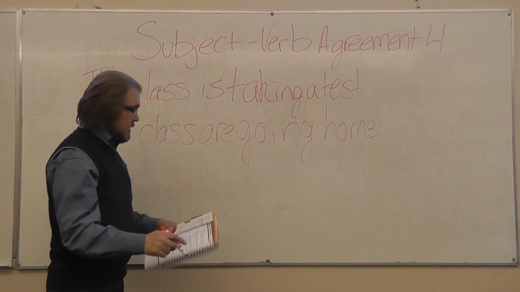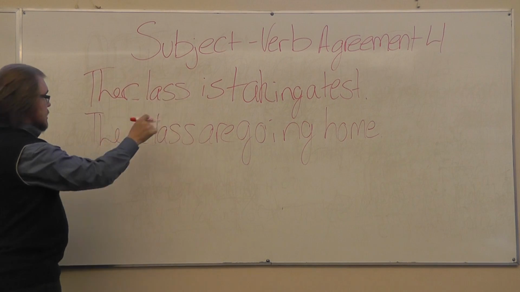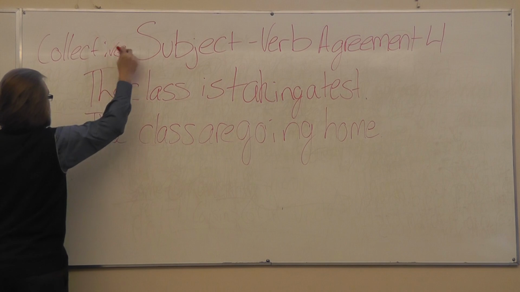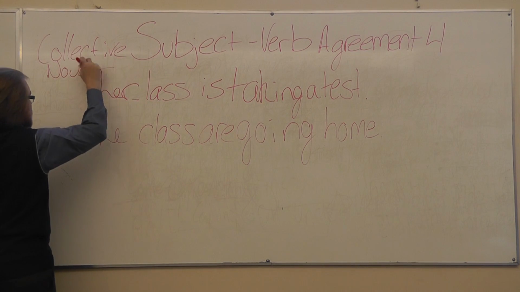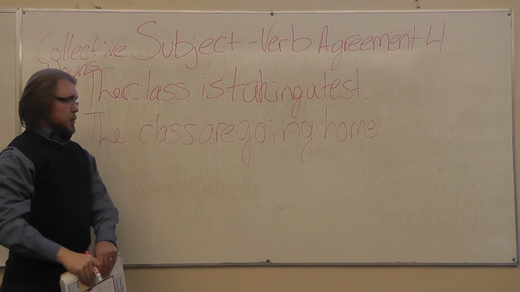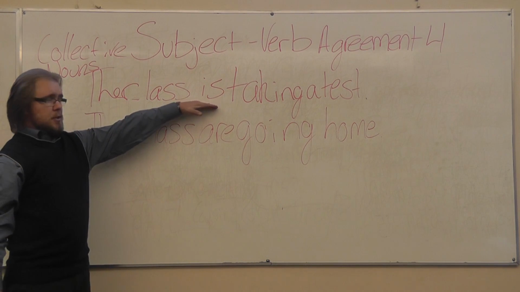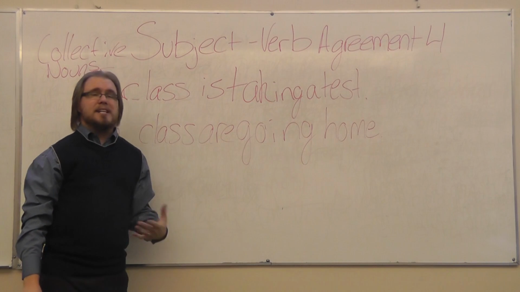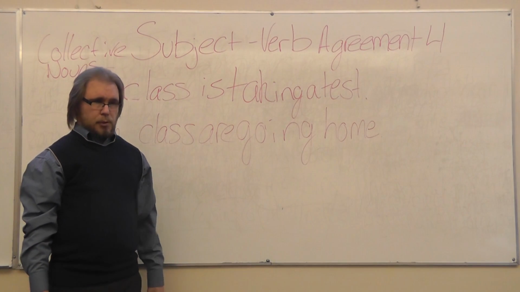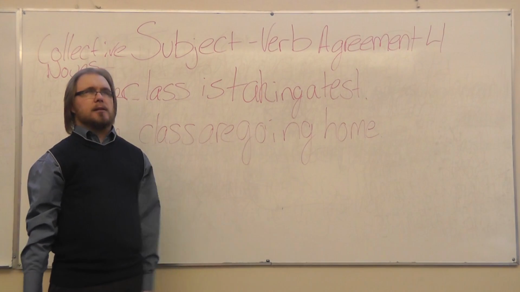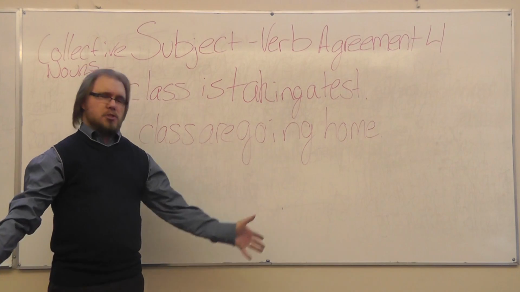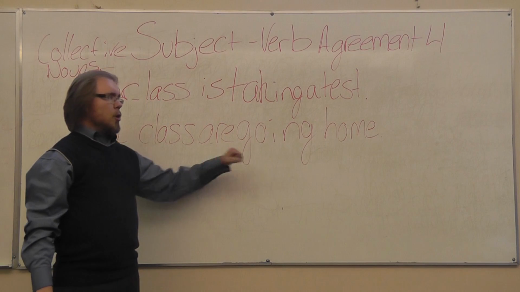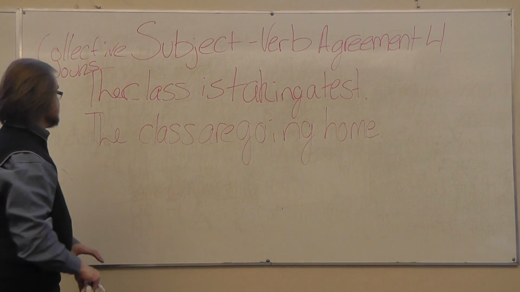So, that is collective nouns. Okay? And we summarize it by saying when they all work together, it's one thing. It's singular. When the members of the group are not acting as one, for example, a herd of cattle that separates and just all goes different directions, the class are, okay? It's going to be plural.